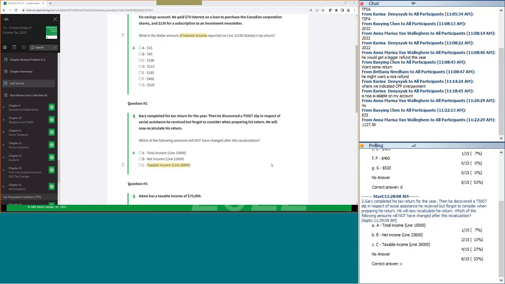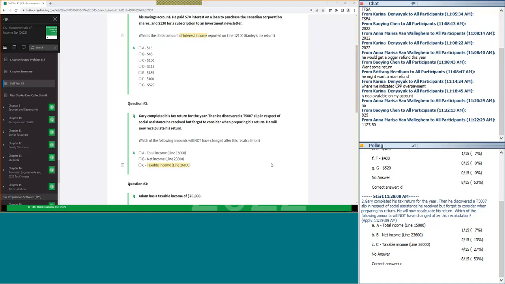Now, from a Manitoba perspective, what would happen if Gary had done his return without social assistance and had a refundable provincial credit? So every other province, nothing would change at the end of the return. But what would happen for Gary if he had claimed a refundable credit provincially?